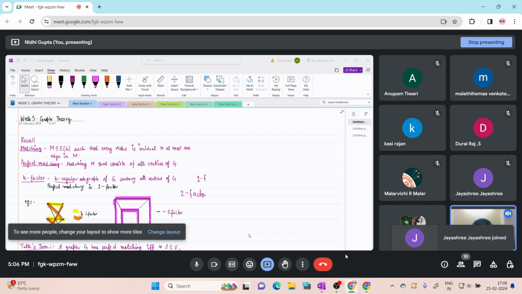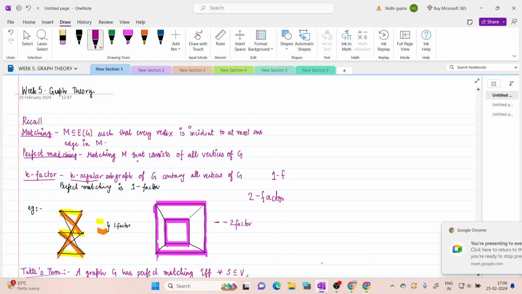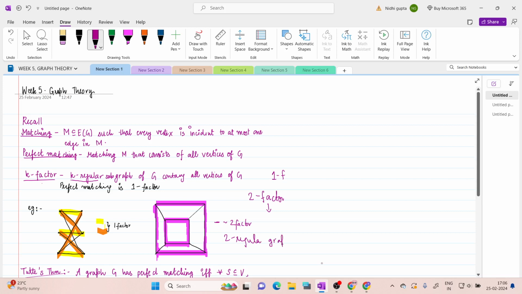So what are two regular graphs? They will be a disjoint union of cycles. And if we say two factor, that means we want a disjoint union of cycles which is covering all the vertices of G.